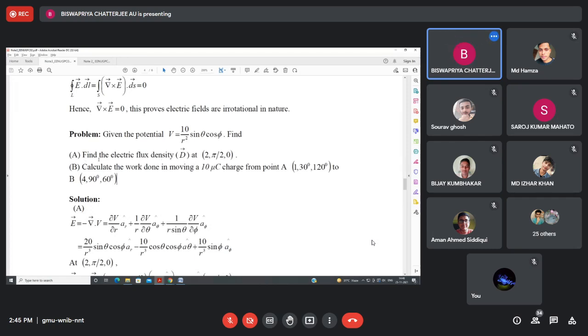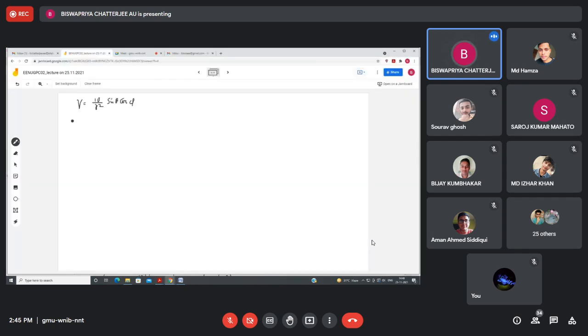You need to evaluate D at 2, pi by 2, 0. Okay, so let us solve that. You have V. From there you need to evaluate E, and from there you need to evaluate D by applying Gauss divergence theorem. So let us do that.